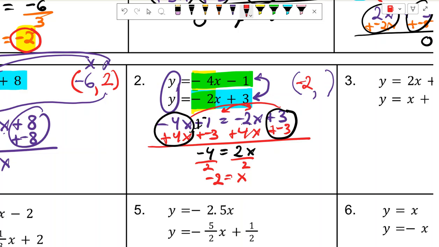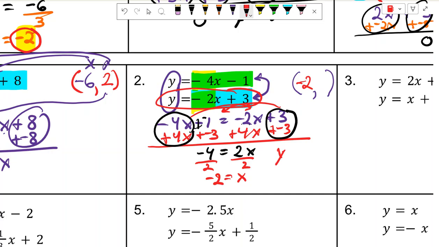So now we need to search for our y. And this is where you have to decide which equation, the top or the bottom, is the easiest to work with. Now I'm going to choose this one simply because it has only one negative sign and a plus sign. I think I feel like that's better than having a subtraction sign. So I'll use that one.